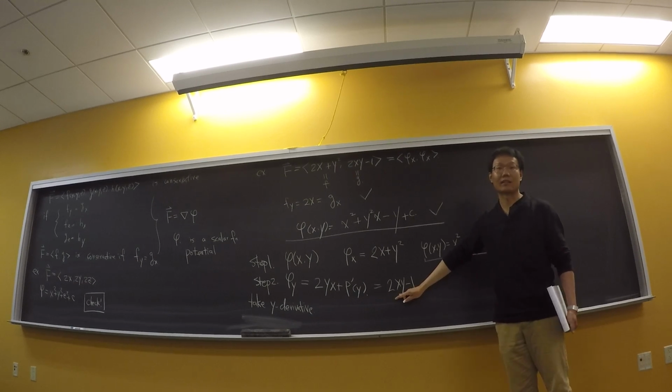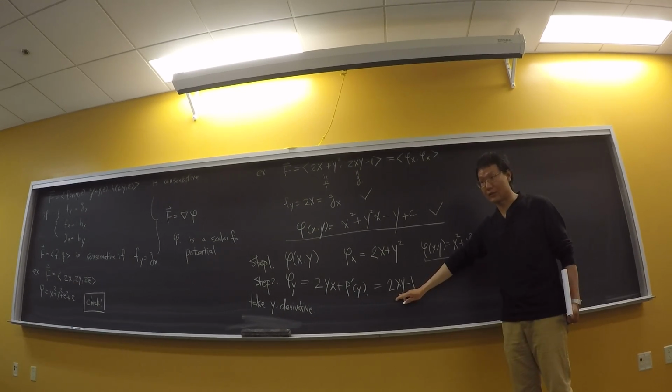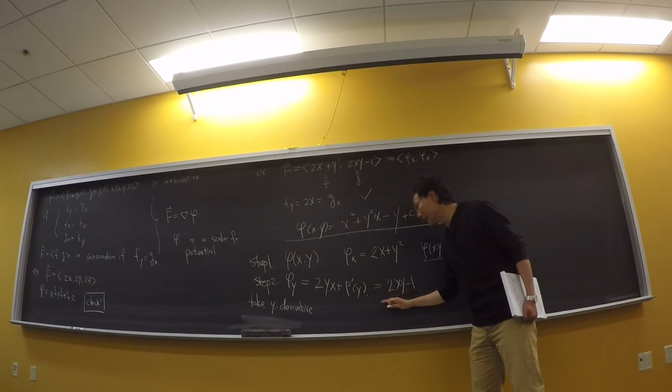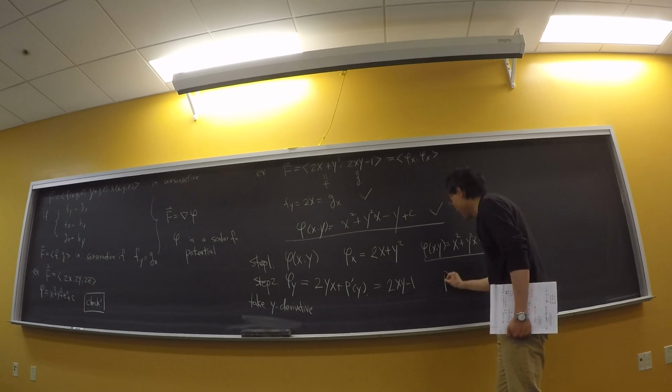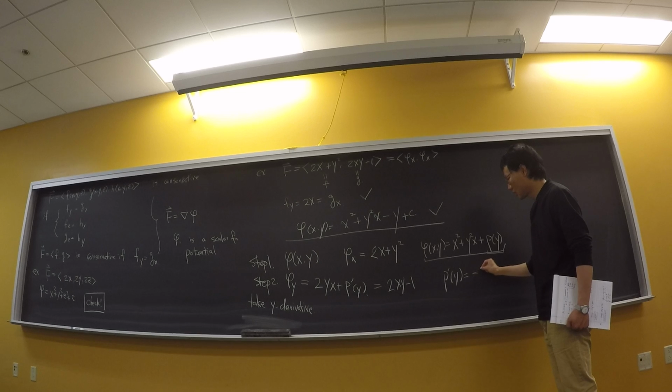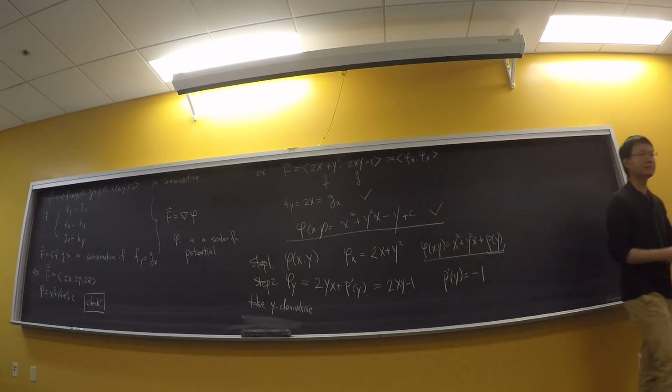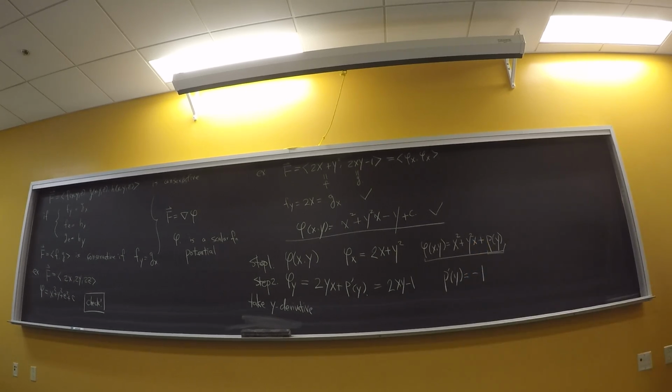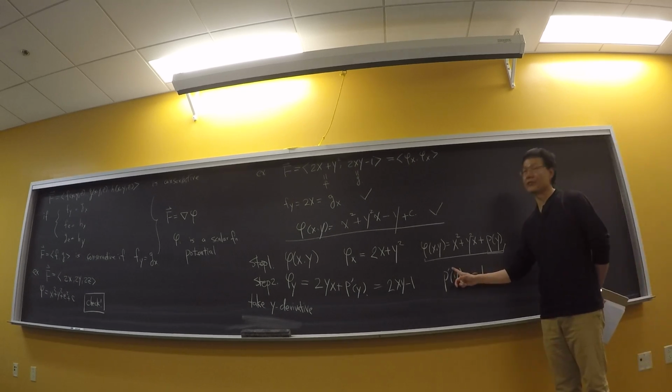So this is coming from the assumption here. Making these two equal, I have to make p prime of y equal to minus 1. Here I'm taking the usual derivative because this is a function depending only on y, right?